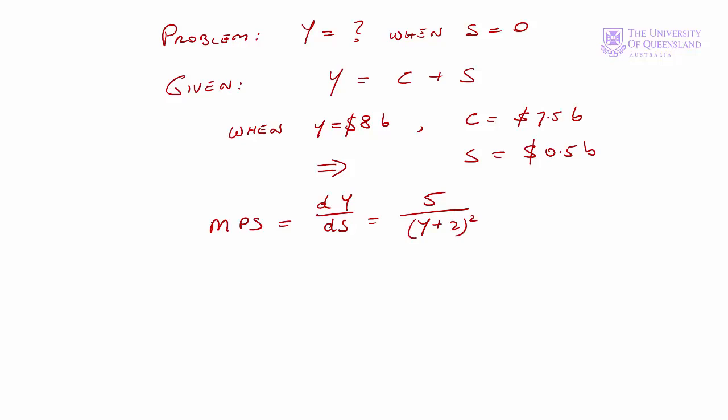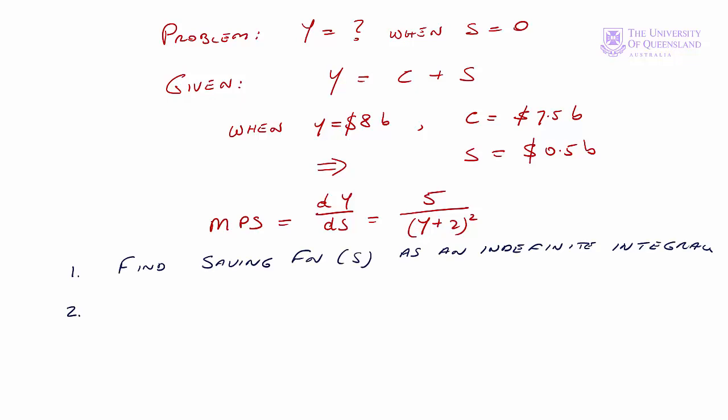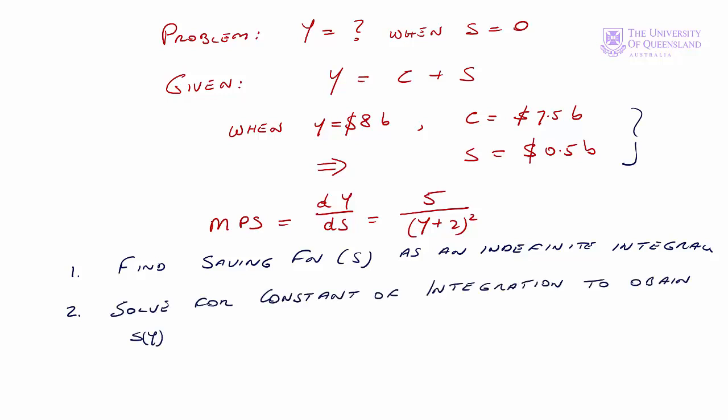How are we going to solve this? We'll go through 3 steps. The first step is to find the saving function as an indefinite integral. The next step is to use this information to solve the constant of integration and so find the complete saving function. The third step then is to solve for y when s equals 0.